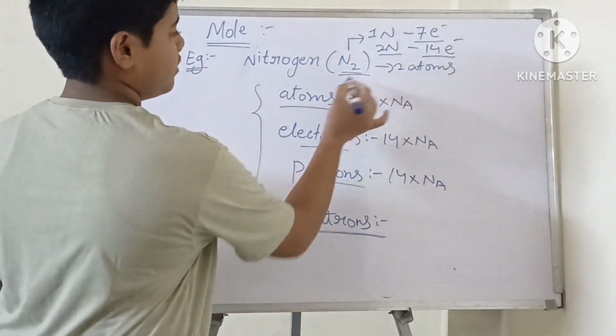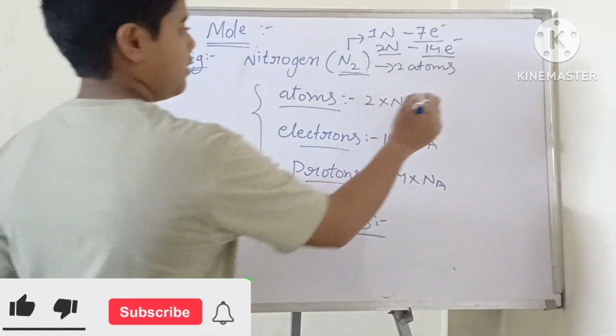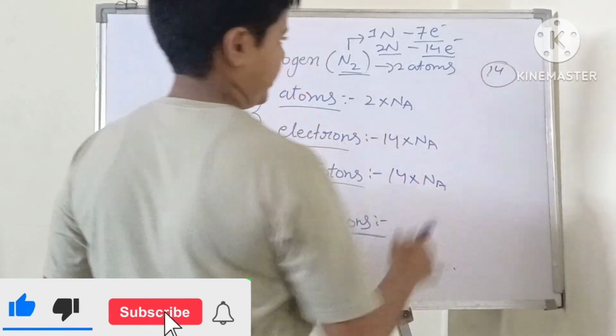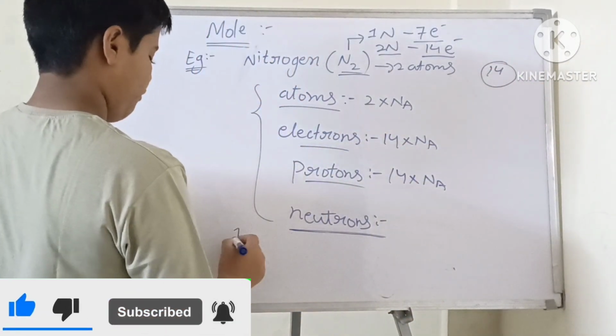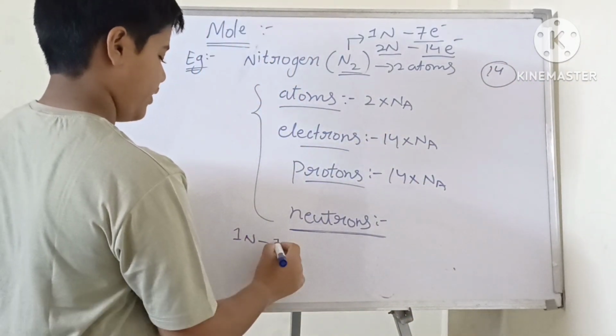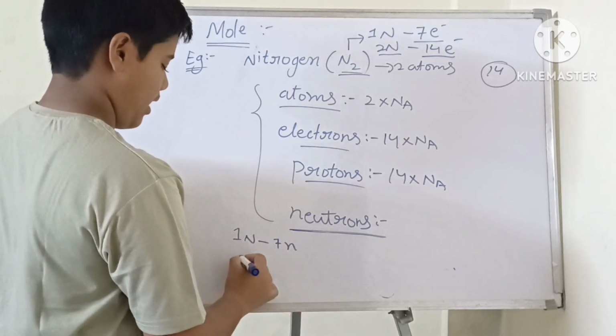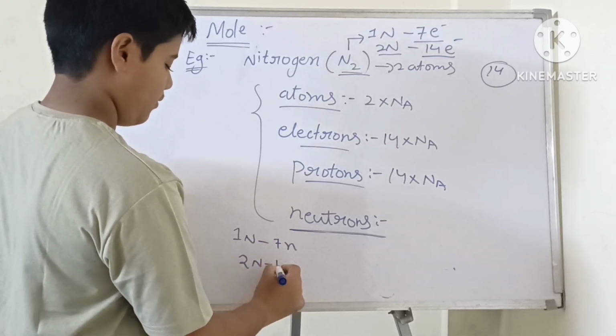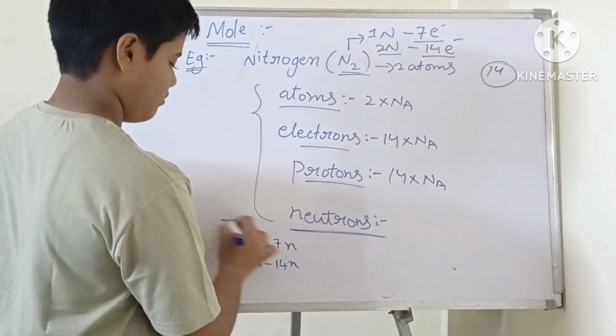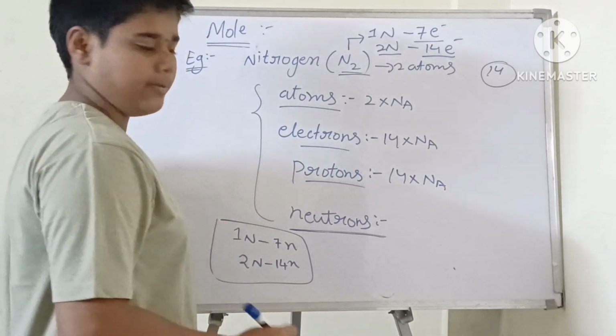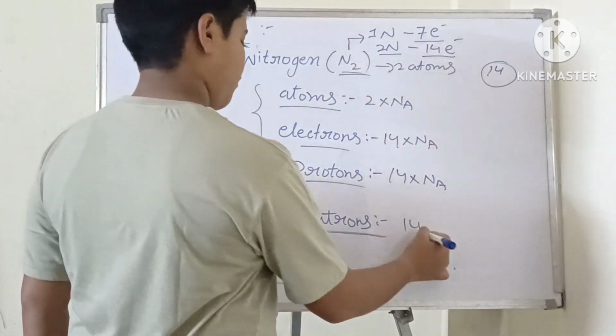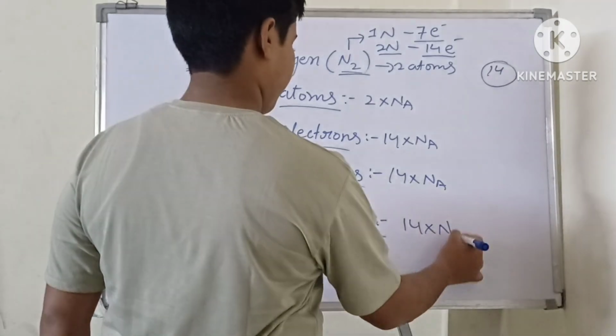In 2 nitrogens, 14 neutrons are there. So here we can write 14 into Na.